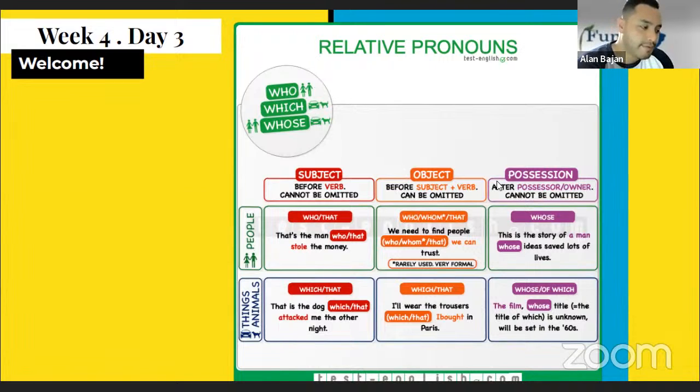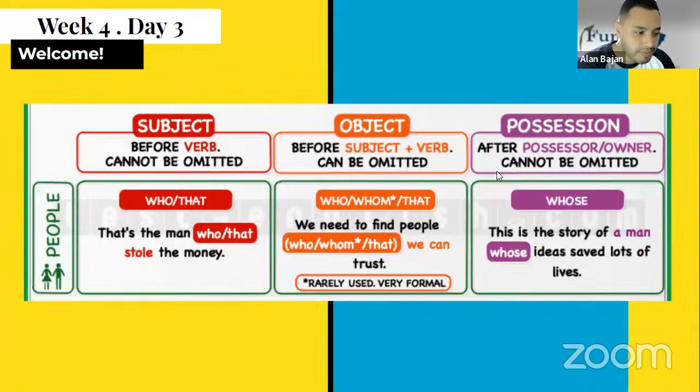So we have pronouns for people, okay? In this case, we have the following examples. That's the man who stole the money, that stole the money. We need to find people who we can trust, and possession.